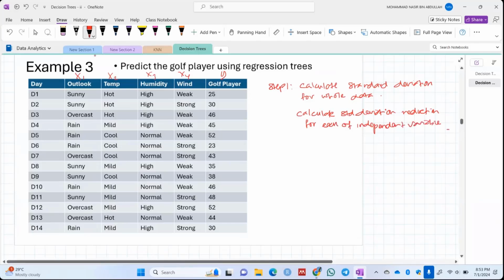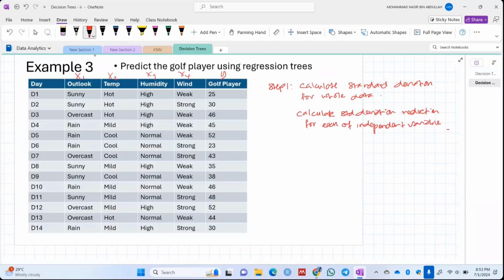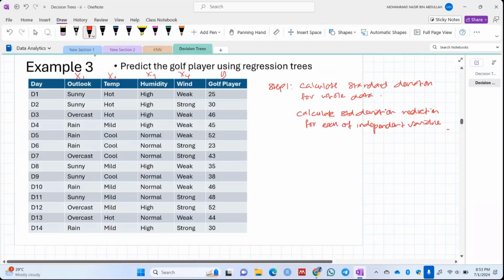Based on the reduction value, we choose the highest value to be selected as the root node. Okay. Now, first step, calculate the standard deviation of the whole data.